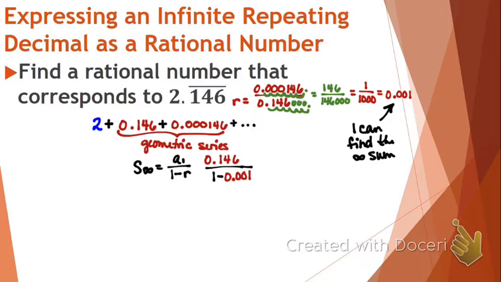What is 1 minus 0.001? 0.999. So 0.146 over 0.999. How would I write that as a rational? Whole number over whole number. 146 over 999.